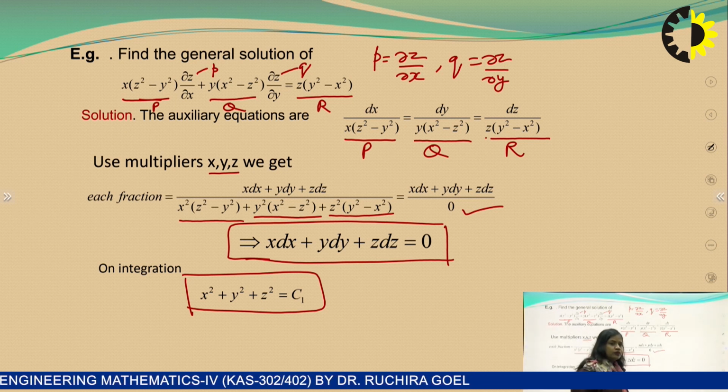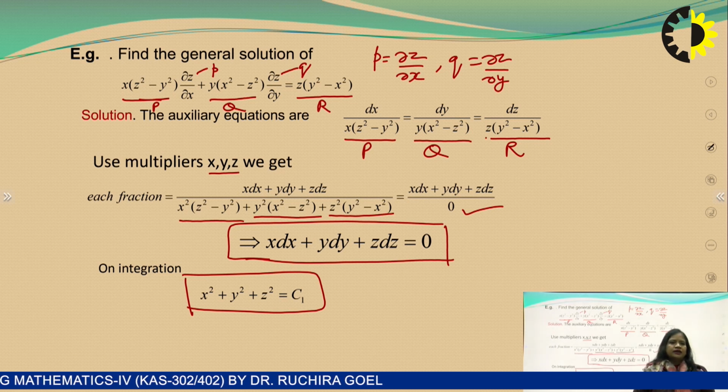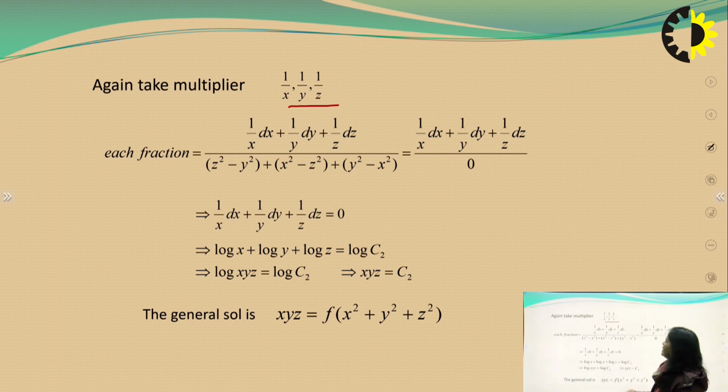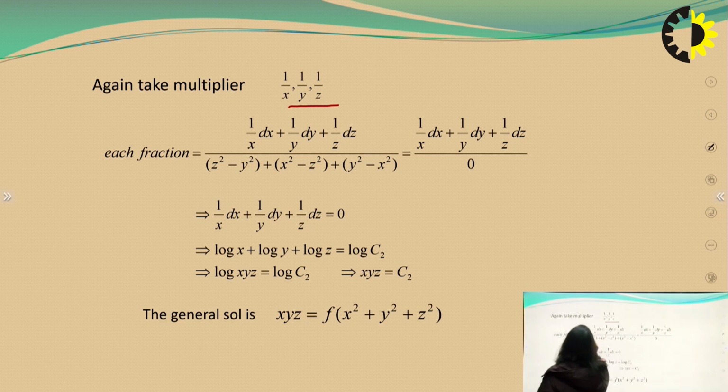Now I'll take one more set of multipliers to find the second solution. So I choose 1 by x, 1 by y and 1 by z as the set of multipliers. Each fraction becomes equal to 1 by x dx plus 1 by y dy plus 1 by z dz upon, since P was x into z square minus y square, the x cancels out, and similarly plus x square minus z square plus y square minus x square.